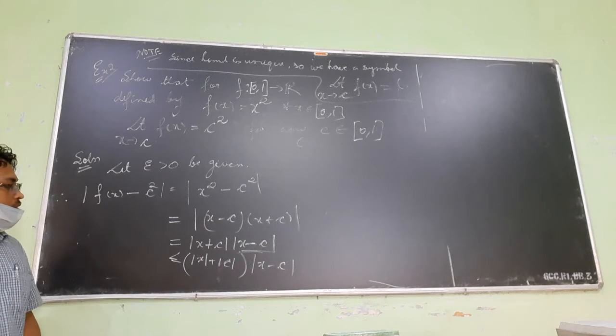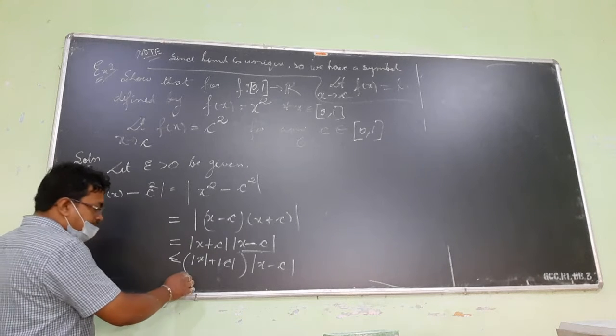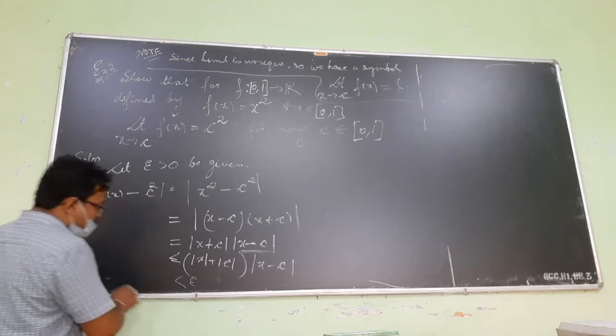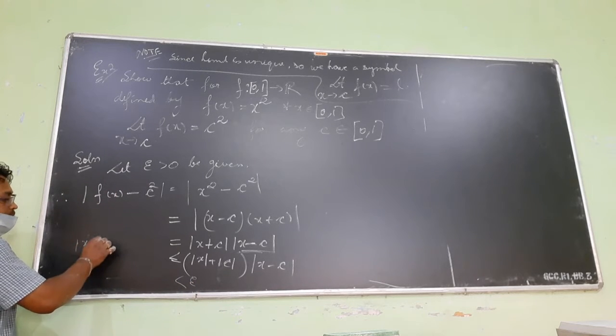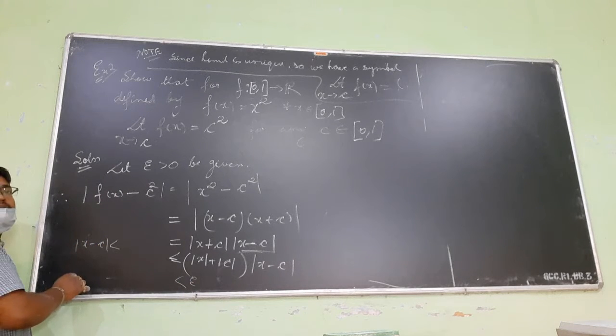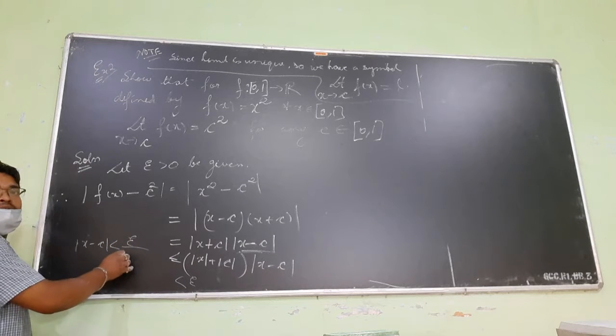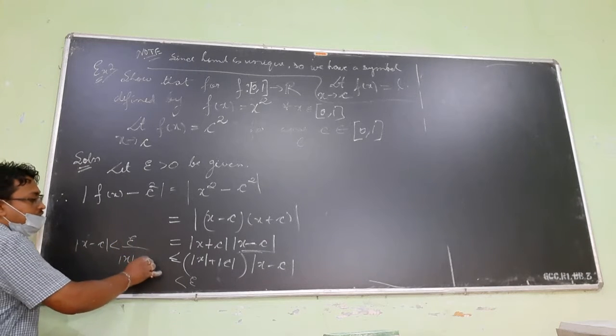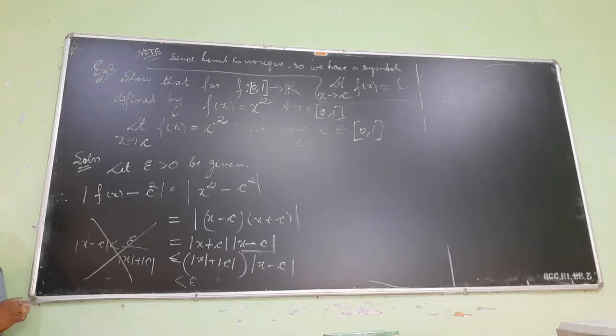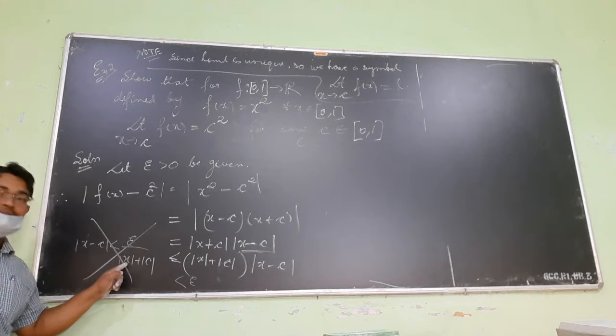Right. So now, can I make it less than epsilon by taking mod of x minus c less than epsilon by (mod x plus mod c)? This is incorrect, because here an x term is there.